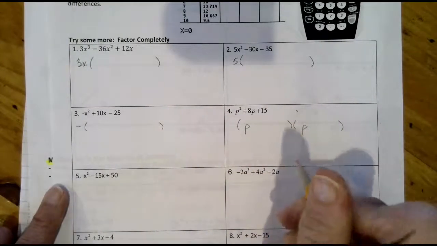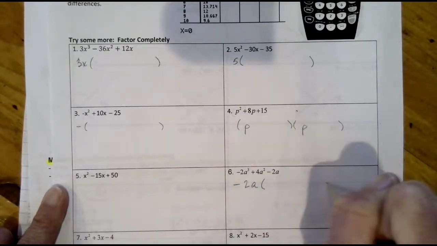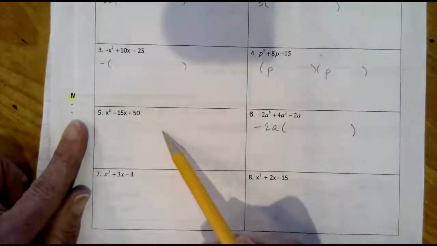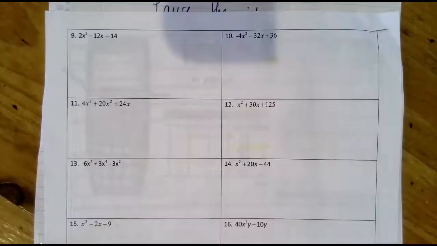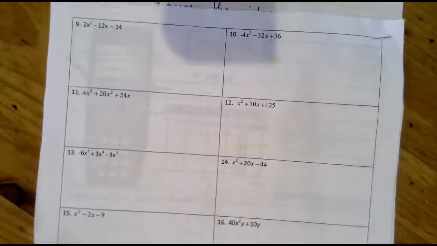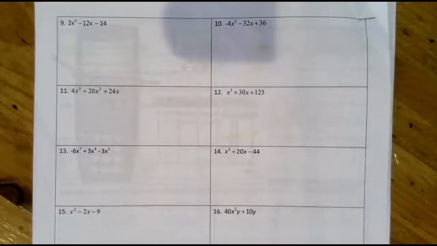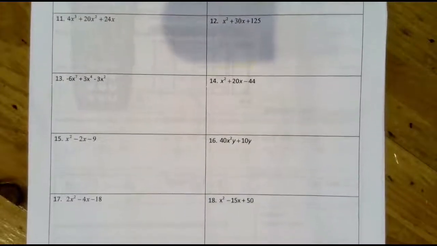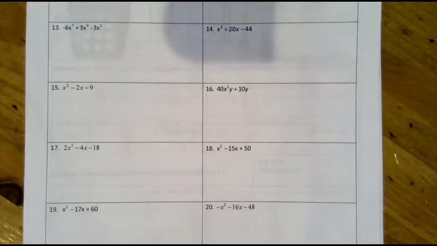You're going to need to consider taking out a negative, a 2, and an a out of this one. These two are pretty straightforward, as is this one. If you flip over to the back, you have lots of opportunities to find some greatest common factors and some factors for each of these.